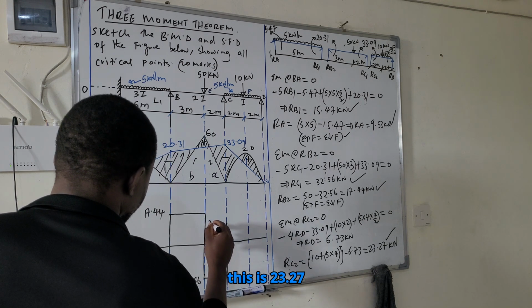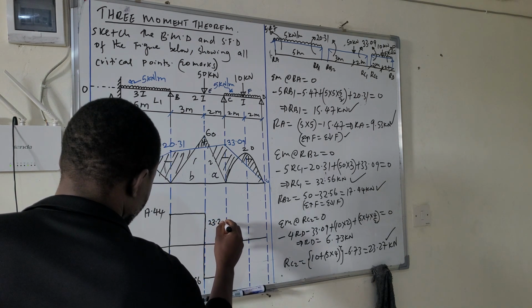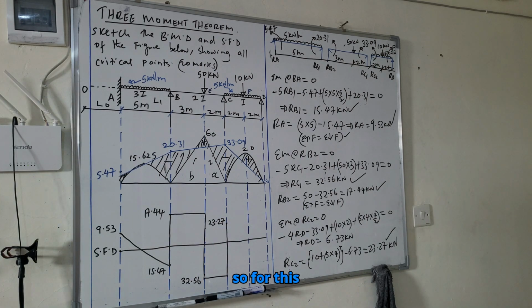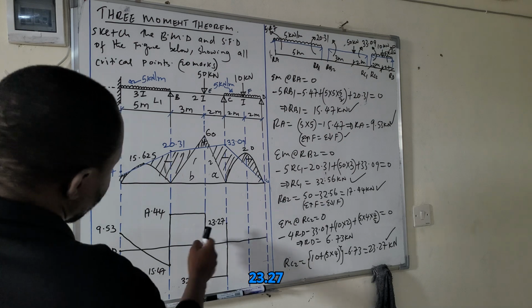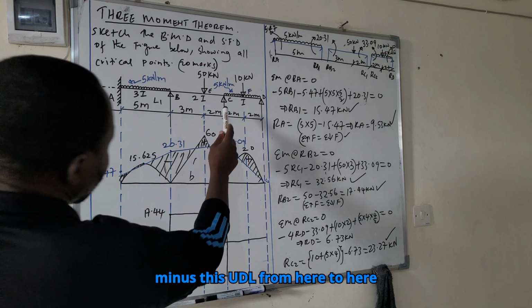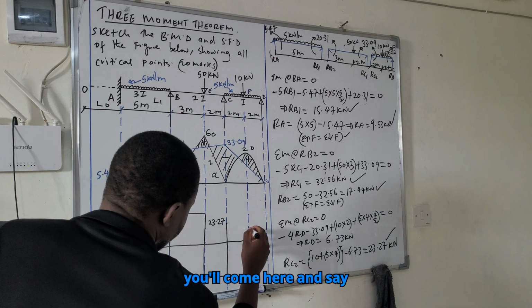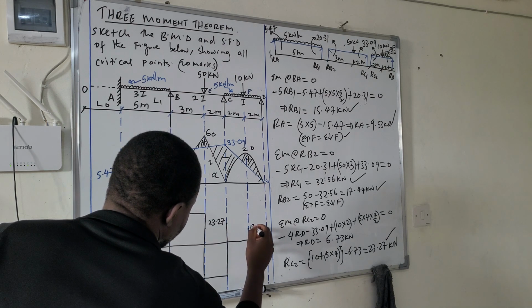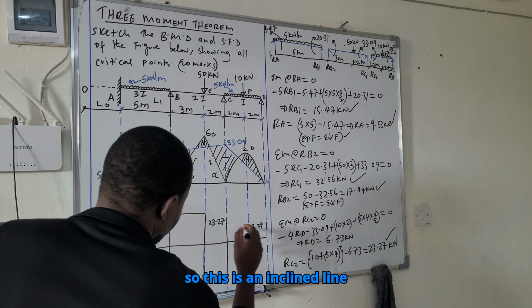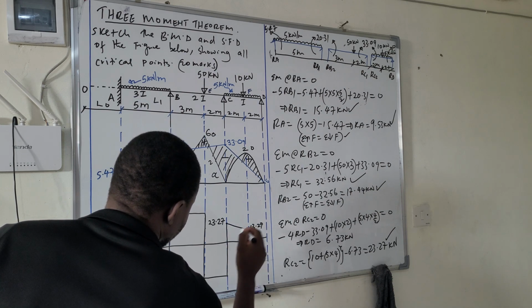For this, you will come and subtract the UDL from here to here. So 23.27 minus 5 times 2. You get 13.27. So you'll come here and say 13.27. So this is an inclined line like that.